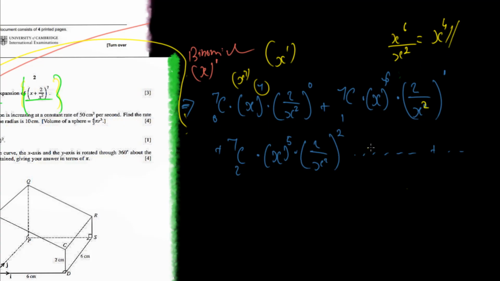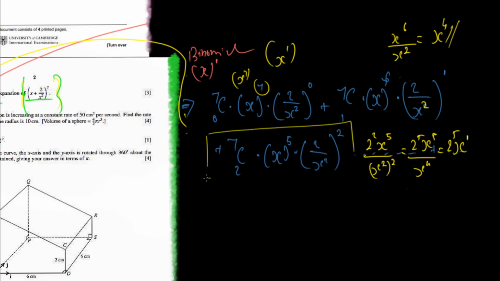The third term, however, has x raised to 5 multiplied by 2 squared divided by x squared, and so on. This should simplify to x raised to 5 divided by x raised to 4, which gives us x only in the numerator. This is the term that we are looking for because it gives us a power of x raised to 1.